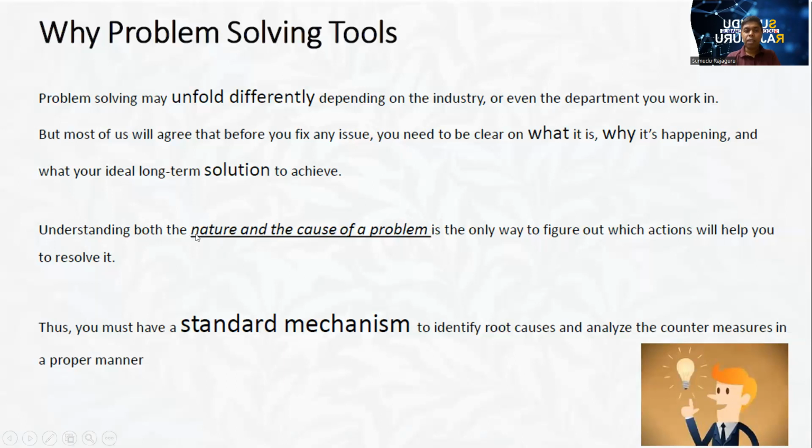So we have to understand the nature of the problem as well as the causes of the problem. If you want to understand these, you must have a standard mechanism to identify root causes and analyze the countermeasures in a proper manner. Because of that, we want problem-solving tools.